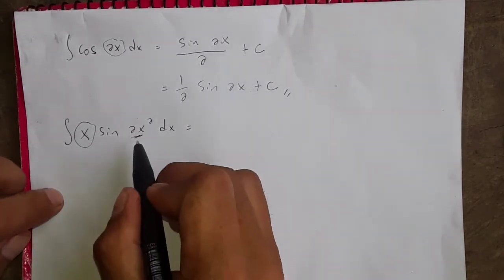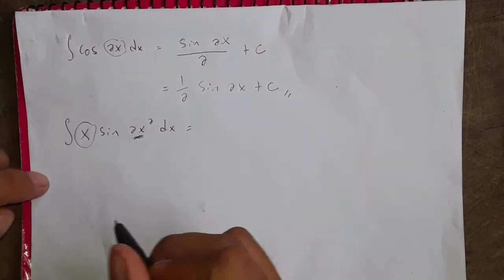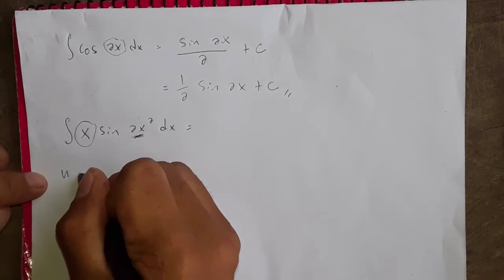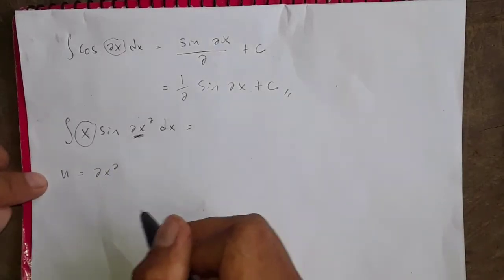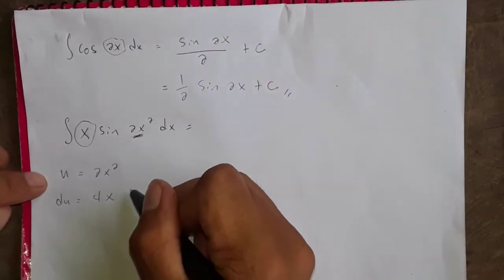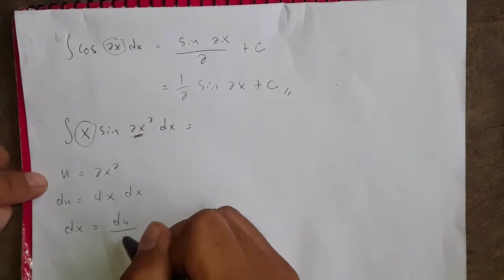So we're going to represent this as our u. We use here u and du substitution. So we use our u as equal to 2x squared. So our du here is equal to 4x dx, and our dx is equal to du over 4x.